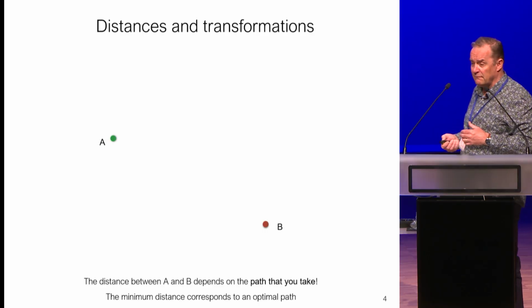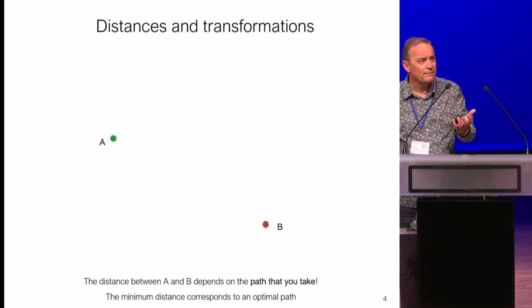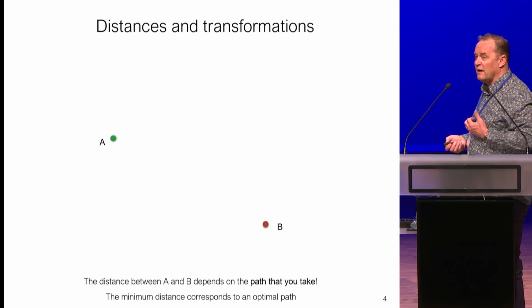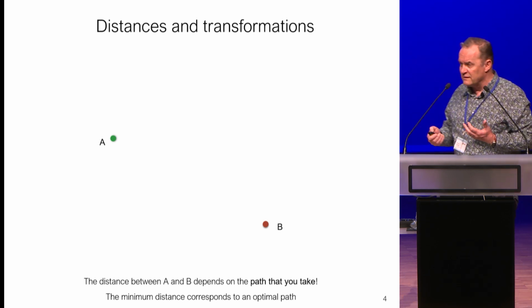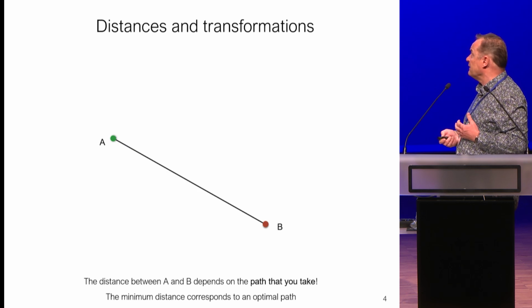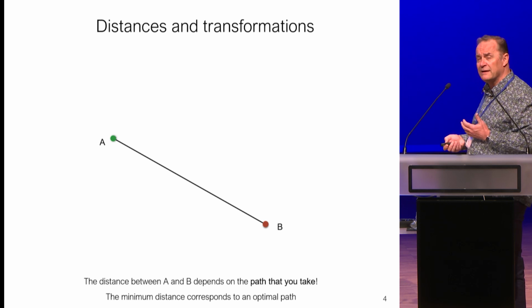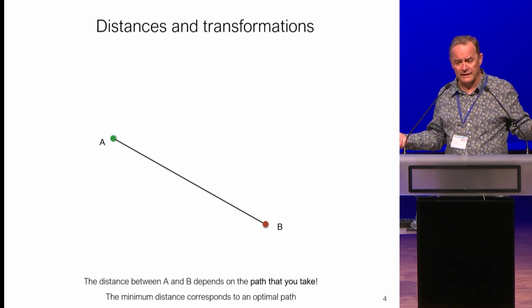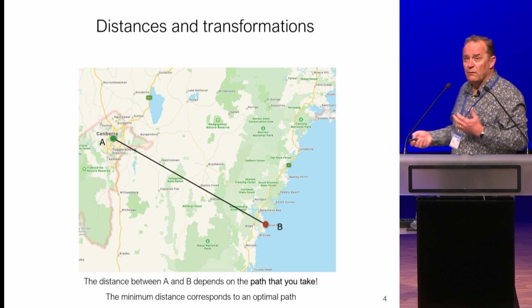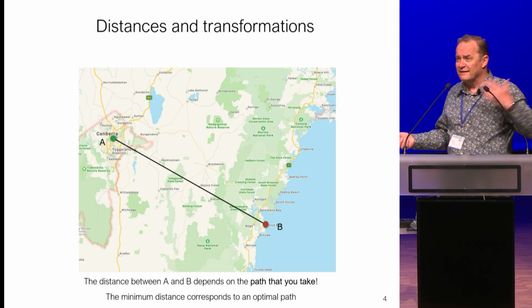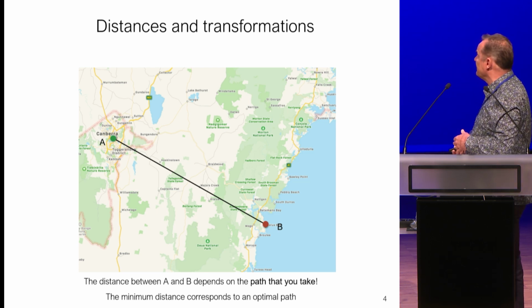Okay, so I like to start with audience participation. What's the distance between A and B? Well, I've done this to my students, and of course they will say, it's along the straight line between A and B. And that's okay if you want to take a straight line. We actually saw Southeast Australia on Philippe's slide yesterday, and there's another example of Southeast Australia.